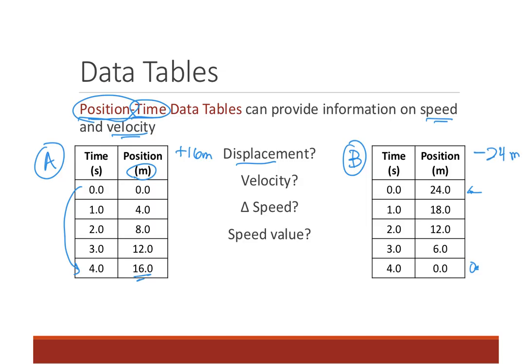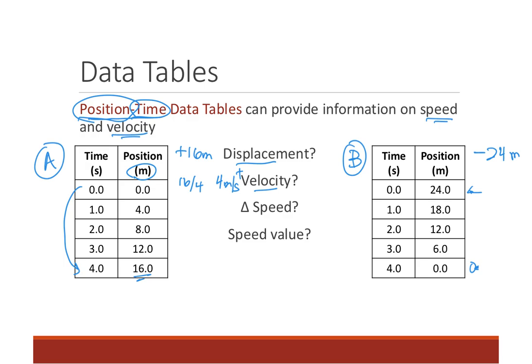How about the velocity? Velocity would be a speed value with a direction attached, and a speed value, of course, is the distance divided by time. So in this case, our total distance would be 16, and the time would be 4. So our velocity would be 4 meters per second in a positive direction.